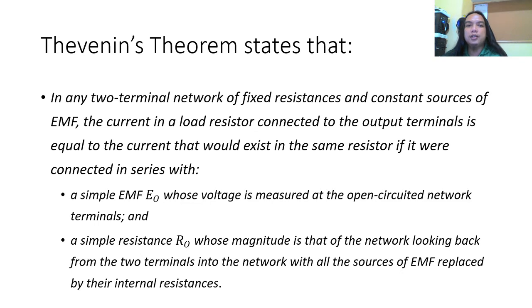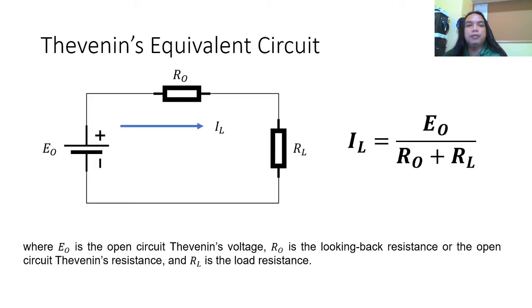To realize this, we can have this Thevenin's equivalent circuit. The EO here is the open circuit Thevenin's voltage, and RO is the looking back resistance or the open circuit Thevenin's resistance, and RL is the load resistance.